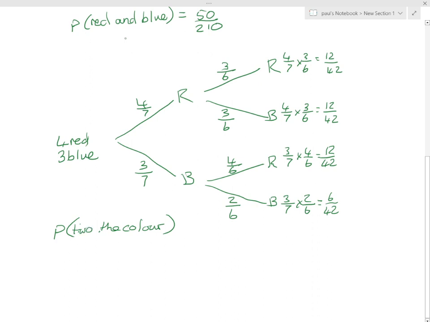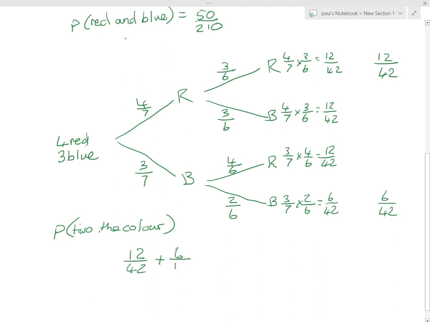So it doesn't stipulate that you have to have 2 reds or 2 blues. It can just be either, 2 of the same colour. So what you do here is you take your option 1, which is red, 12 over 42, and you take your option 2, which is blue, 6 over 42, and this time you add them.